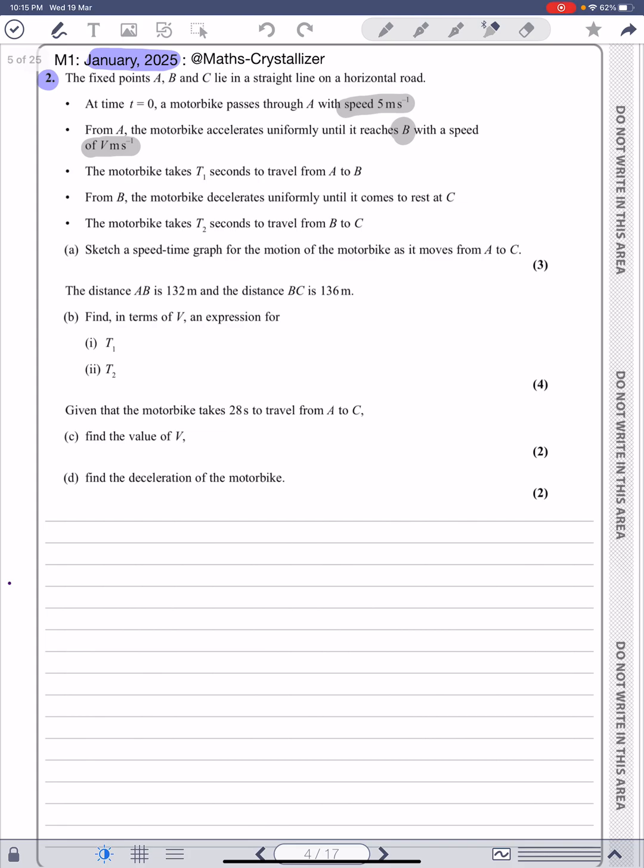The motorbike takes T1 seconds to travel from A to B. From B, it decelerates uniformly until it comes to rest at C. And it takes T2 seconds to travel from B to C.